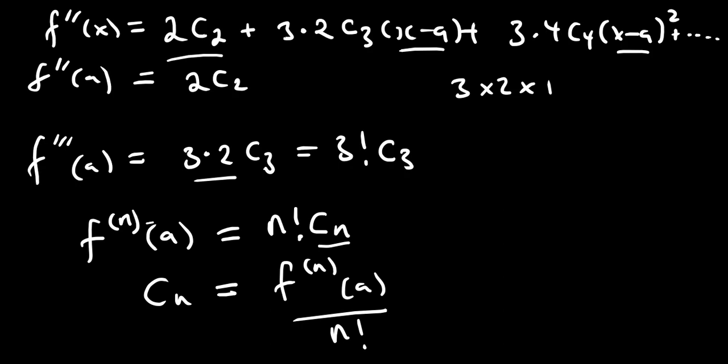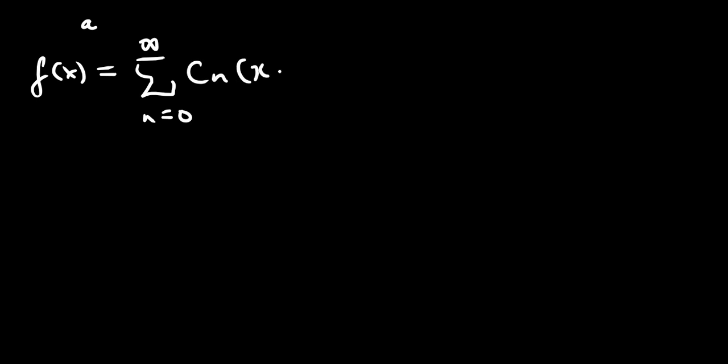So now the theorem is here. The theorem is, if we have a power series at a point a, and the power series is given, let's say f of x is equal to the summation from n equals 0 to infinity of cn times (x minus a) to the power n.